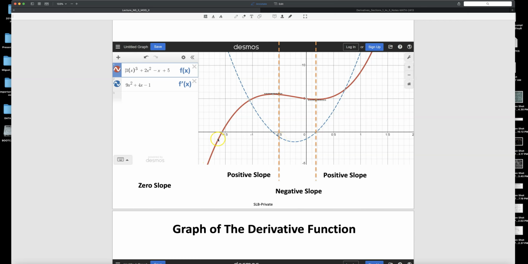So, increasing derivative: this is a notation that you can use when you're going to do your exercises. If the function increases, the derivative is positive. If the function decreases, the derivative is negative.